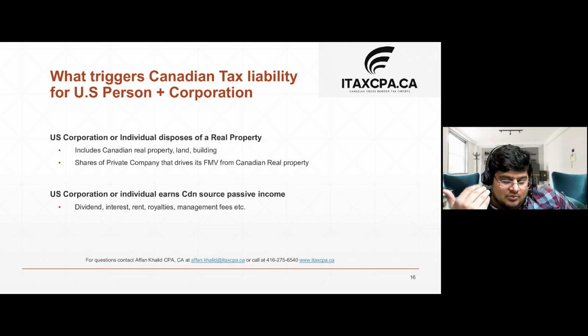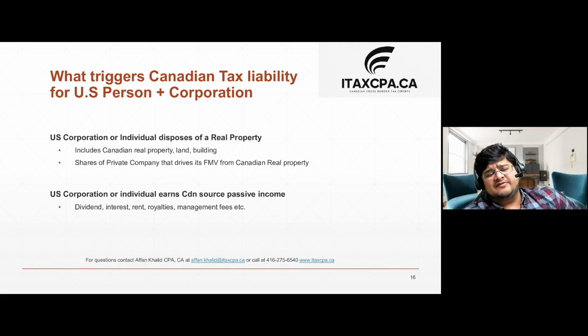If more than 50% of the fair market value of the shares of the Canadian private corporation is derived from underlying real property, those shares are tainted and considered taxable Canadian property, and the same 25% withholding tax rules apply unless you can plan accordingly.